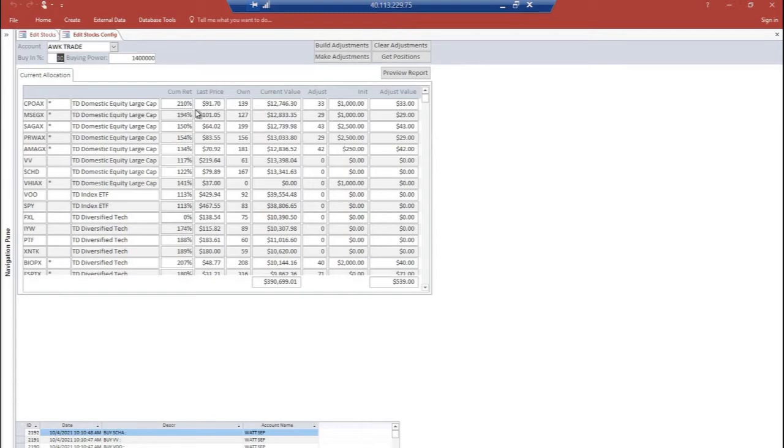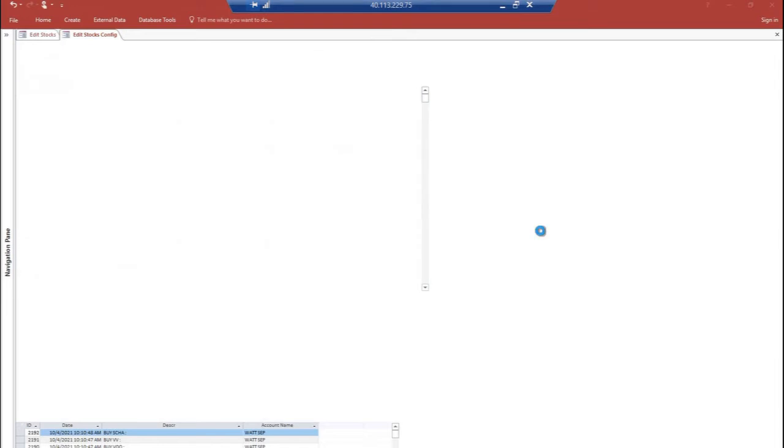Today, we're going to take this up to 35%, and I'm going to build adjustments. It's going to ask me if I want to update all my prices. I do. So it's going to update the prices of all of these investments, and it's going to reallocate them proportionately, so that we're 35% bought in.